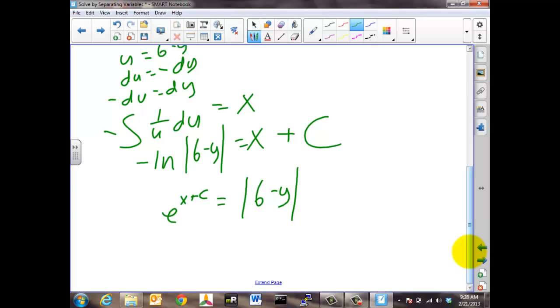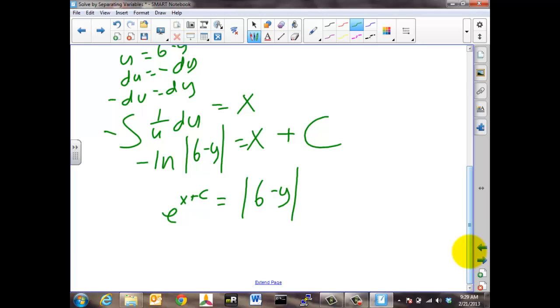Wouldn't it be negative, to the x plus c? Wouldn't it be negative absolute value of 6 minus y? Whatever it comes out to be, it's going to be negative, to the 6 minus y. So it's negative 1 power. 1 over. 1 over 6. This is very confusing right now, isn't it?